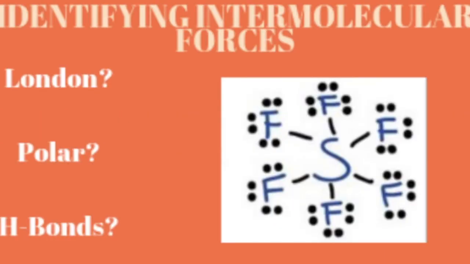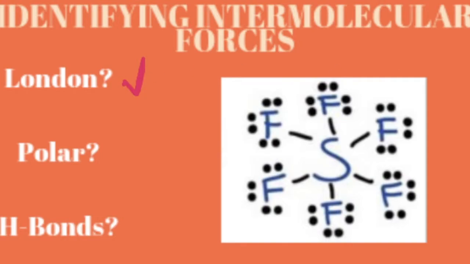Okay, let's identify some intermolecular forces. We identify intermolecular forces through the Lewis dot structures, and we're going to look at some examples that aren't necessarily water. So here we have the covalent bond of sulfur hexafluoride, and we know that every covalent bond has London dispersion, so that's a yes. Now our job is to figure out if it's polar.